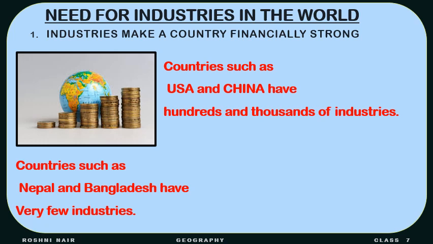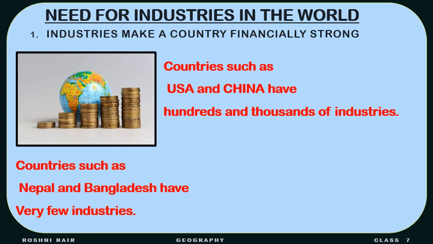Industries make a country financially strong. When you are manufacturing anything in your own country and you are exporting it, you are gaining that extra amount, right? If I am exporting something to America, I am earning in dollars. So somewhere I will deposit in bank and I will exchange it for some rupees. So what happens? The economy also will grow.